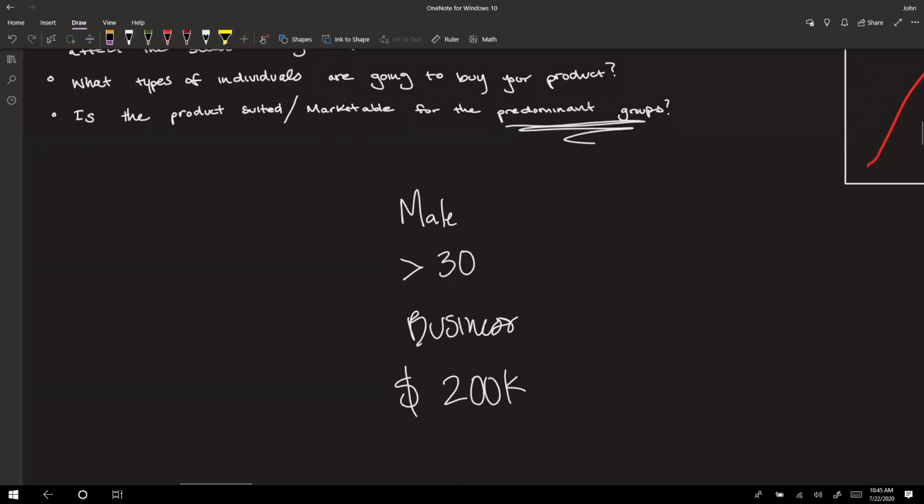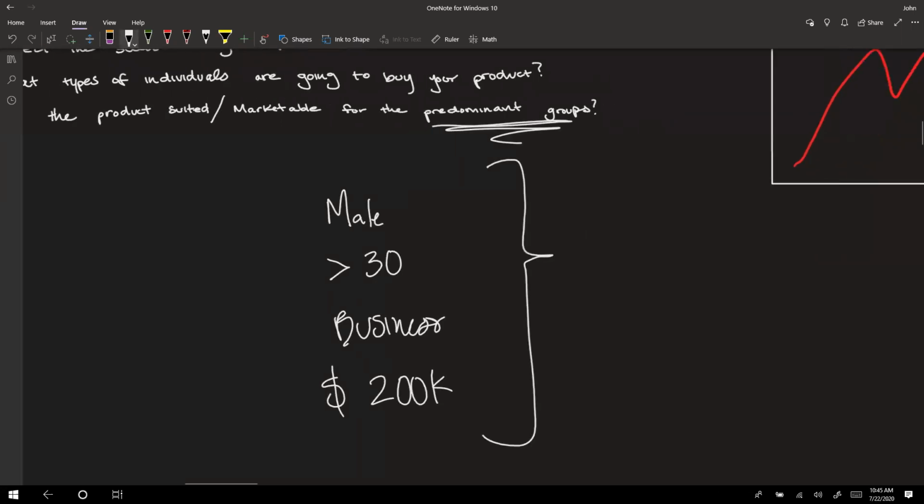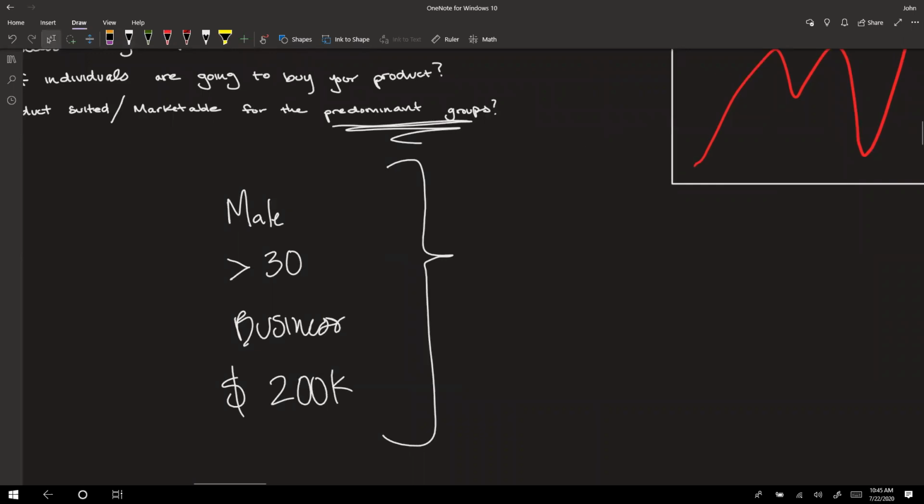Because as we've talked about before, different market demographics are not going to react the same way to marketing. So that demographic right there, if that is the predominant demographic, meaning the majority of people fit this group right here, if that's the main group in a region, then it's not going to be the same marketing that you would do for maybe a male who is, say, or sorry, that's under 30.